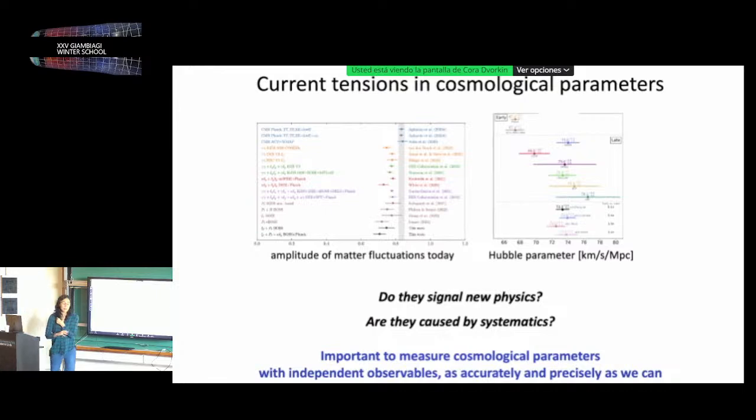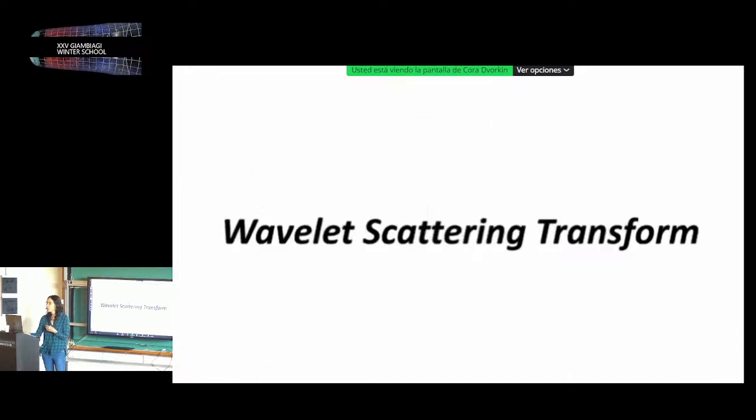By this I mean we may want to extract all of the information that we have from cosmological surveys. And if the field is non-Gaussian, there is more information that is not contained in the power spectrum. So all of this introduction is to start talking about this technique known as the wavelet scattering transform that I will explain right now.